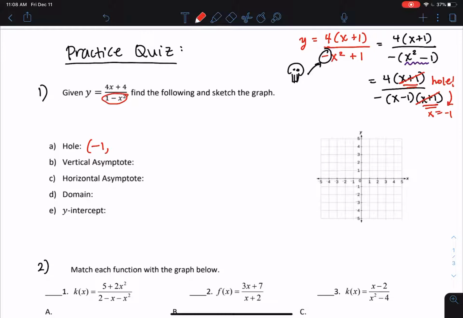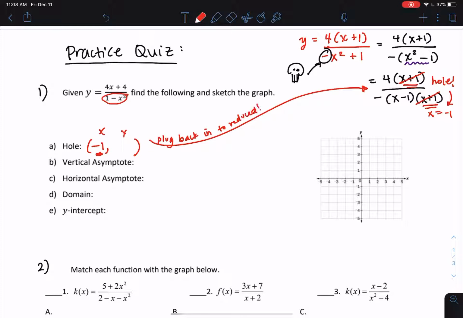So to find the y value, if that's the x value, then to find the y value of my hole, I'm simply going to plug this negative 1 back in to the reduced expression. So when x is negative 1, I'll write it like this, f of negative 1 to show that I'm plugging in x.